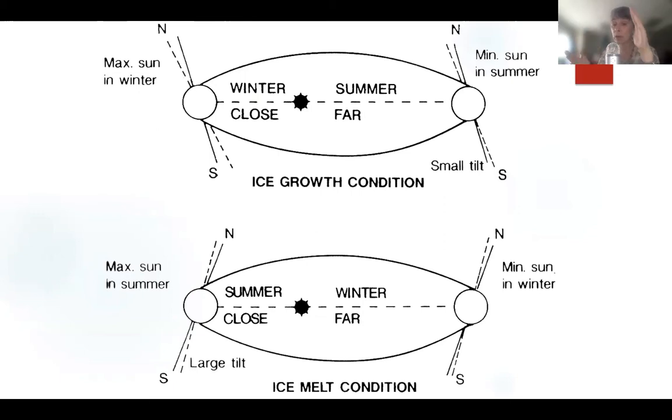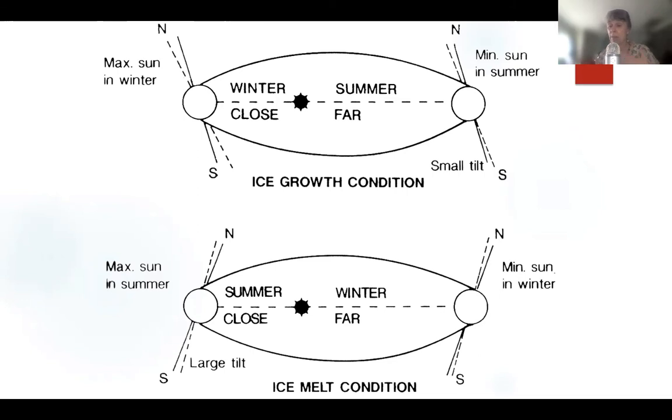When we go into ice melt conditions, we have a close Northern Hemisphere summer. And so that makes for a very warm summer, and we melt all our winter ice. And so the ice will start retreating.